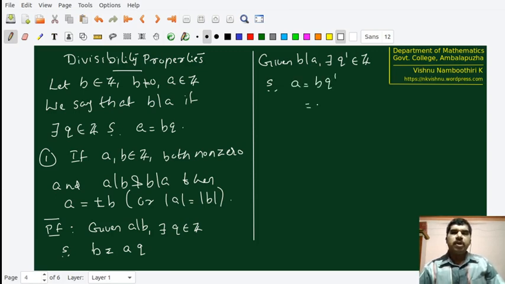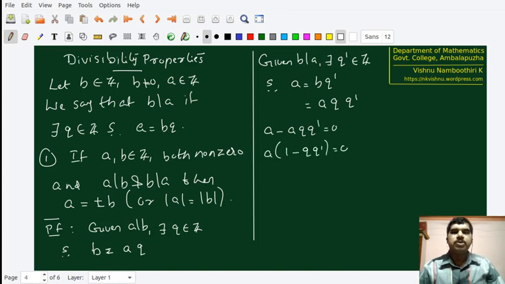Now we already have an expression for this b. b is equal to aq. So if we substitute it here in the place of b, a equal to aqq prime. If we bring both these things to the same side, we get a minus aqq prime equal to 0, or taking a outside, a times 1 minus qq prime equal to 0.